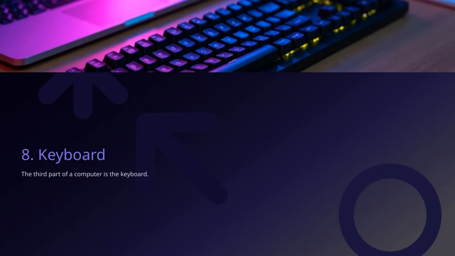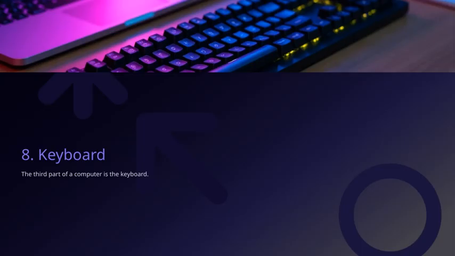Now, let's talk about the third part of a computer, which is the keyboard. The keyboard is essentially the main input device we use to communicate with the computer. It's what allows us to type text, give commands, and interact with software. When you think about it, the keyboard is like the computer's way of understanding what we want it to do. It's made up of a variety of keys, each serving different functions: letters, numbers, function keys, and special keys like Enter, Shift, and Control.